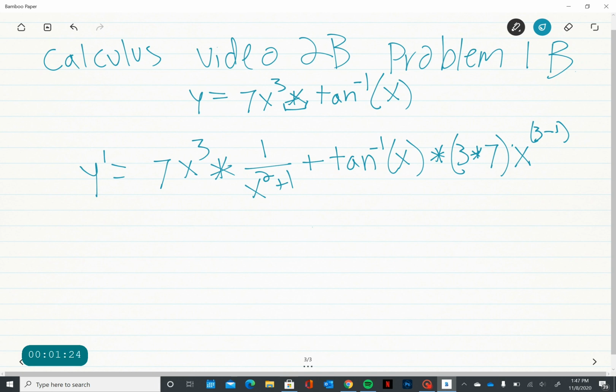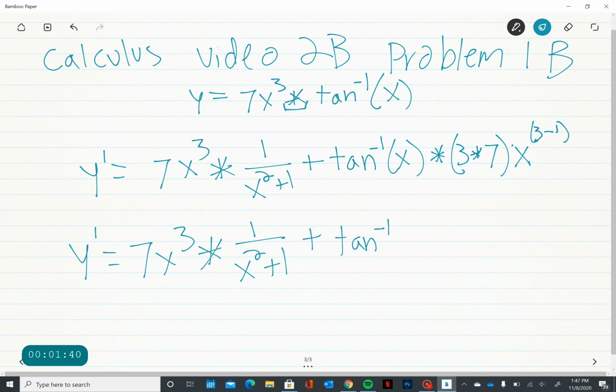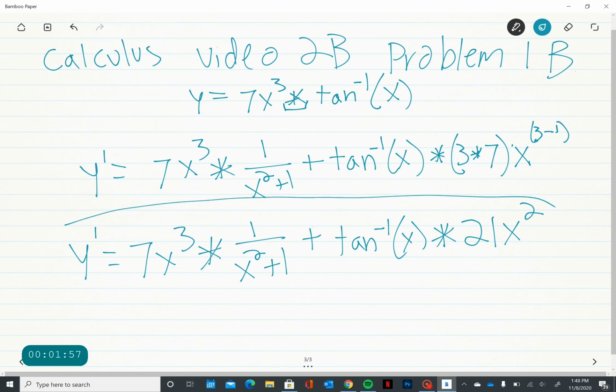And then we could simplify and just rewrite the first portion and make this a 21 x squared. And here's the unsimplified answer.